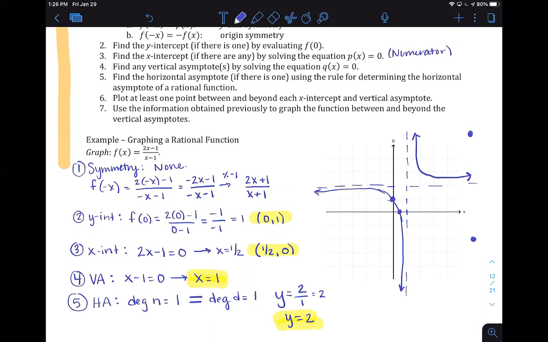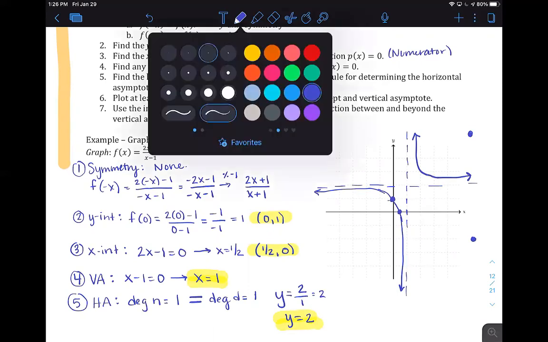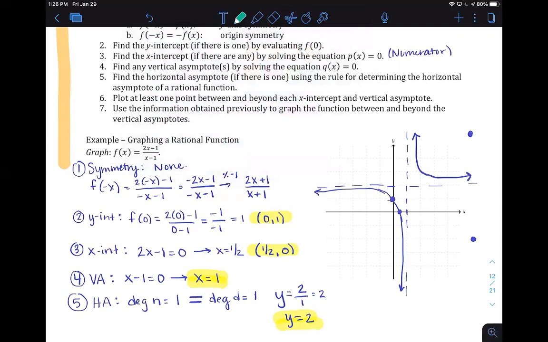Okay. So there's a little trick I'm going to show you guys. We're going to talk about our multiplicity. Remember, if multiplicity was odd, we did one thing. If it was even, we did another. That same thing applies to our asymptotes. So looking back at our vertical asymptote, we found x equals 1. How many times did that occur in our denominator? Once. So I'm going to come down here and say multiplicity 1.